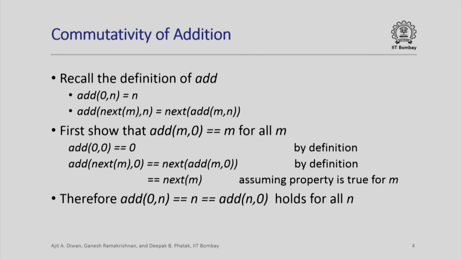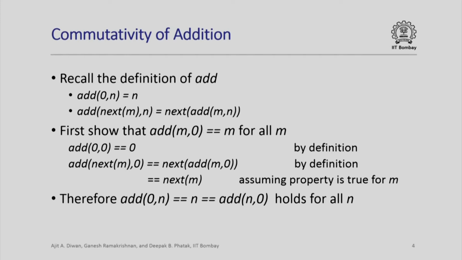Add of next m comma 0 becomes equal to next of m, assuming the property is true for m. Therefore add 0 n becomes equal to n, which is equal to add of n comma 0 for all n. So we know that this property holds when m is equal to 0.